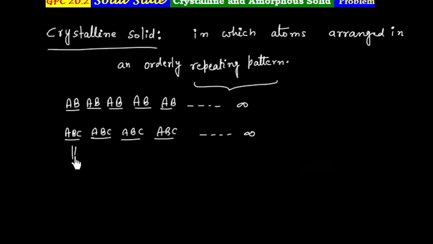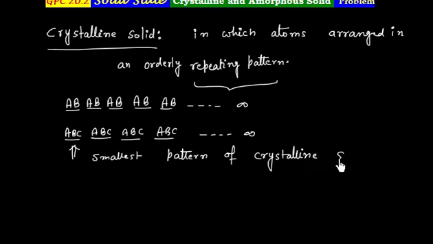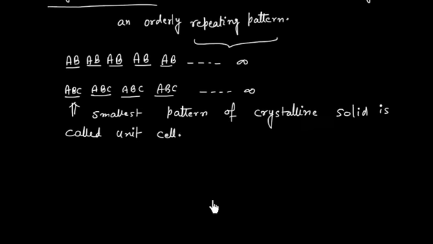Now this smallest pattern of crystalline solid is called unit cell. So crystalline solid is identified by unit cell.